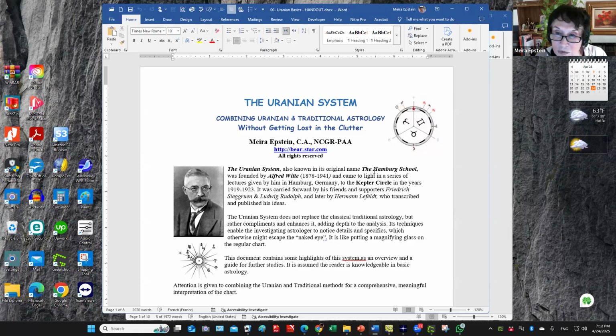The Uranian system, also known by its original name, the Hamburg School, because it started there, was founded by Alfred Witte. As you can see, he lived into World War II, and it came to light in the series of lectures given by him in Hamburg, Germany, to the Kepler Circle in the years 1919 to 1923. In other words, early in the 20th century, he lived in Hamburg.